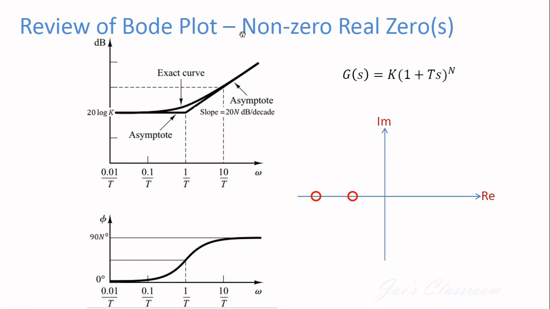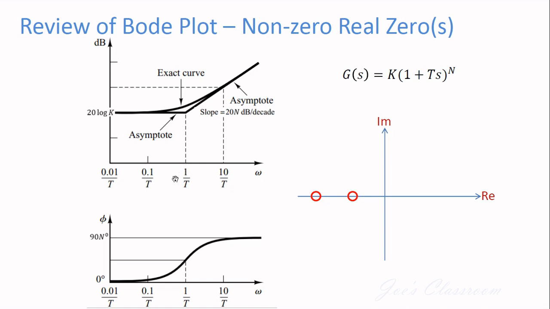If the system is having some non-zero zeros, I mean the zeros on the real axis, then it is going to be very similar to the case of poles. Only thing is the second line in the pair is going to have plus 20 n decibels per decade. Otherwise, everything is going to be the same.